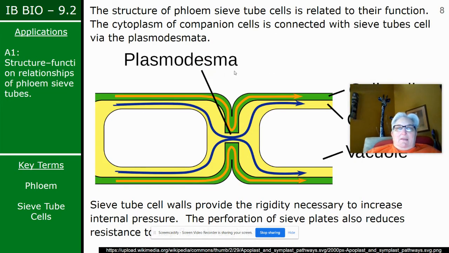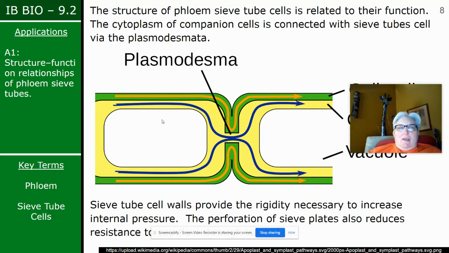The plasmodesma, which is an important connection between sieve tubes here, becomes extremely critical when we're looking at the cell wall of the plant.